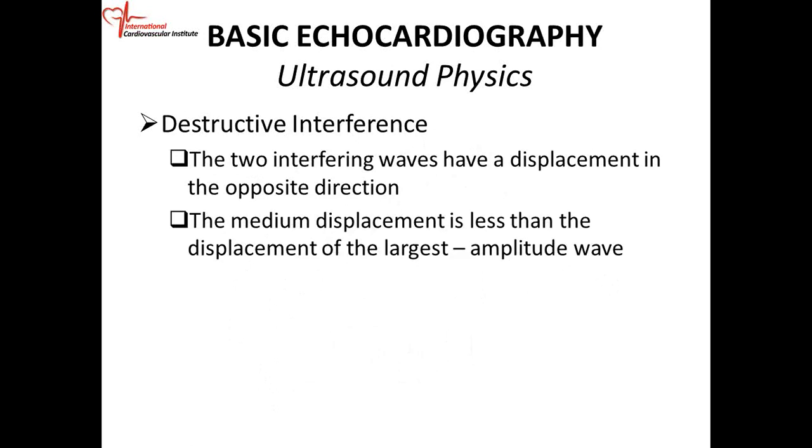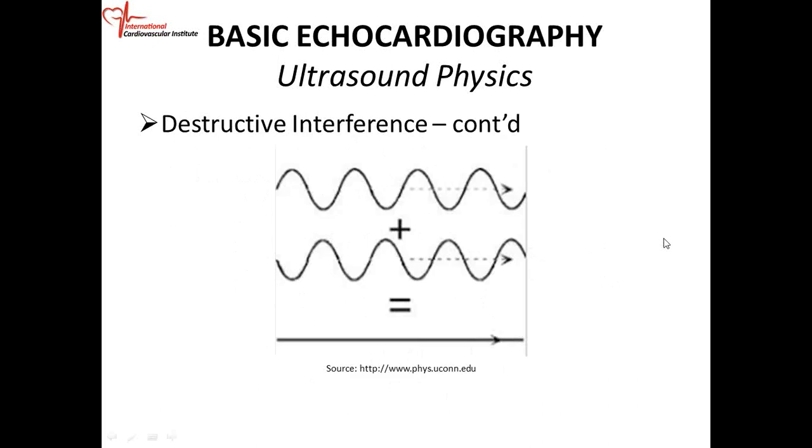Then you have destructive interference. The two interfering waves have a displacement in the opposite direction, so the medium displacement is less than the displacement of the largest amplitude. Again, if a crest meets a trough and a trough meets a crest, they cancel out each other and you get no disturbance. But you don't have to have a situation where crest meets trough.